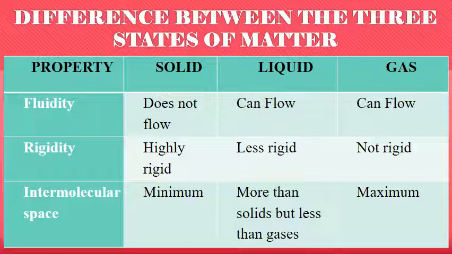In liquids, the intermolecular space is more than the solid but less than the gases. And in gas, the intermolecular space is maximum. So the intermolecular space is most in the gases.